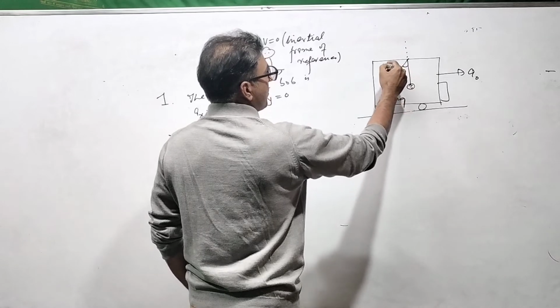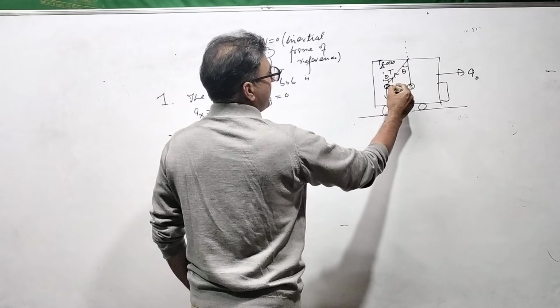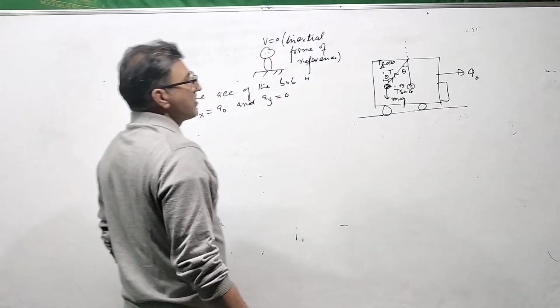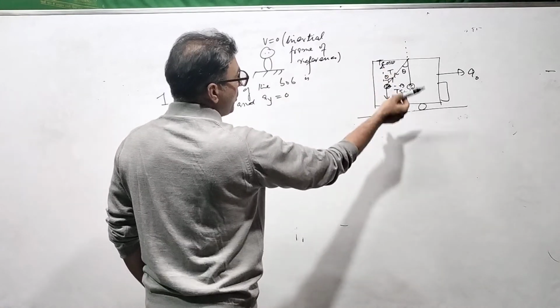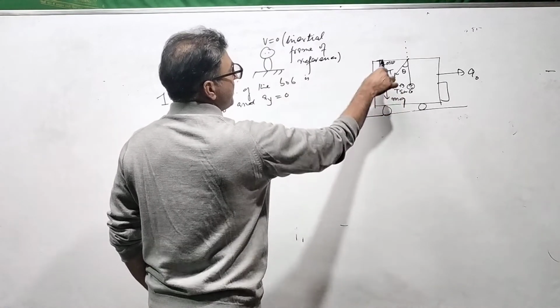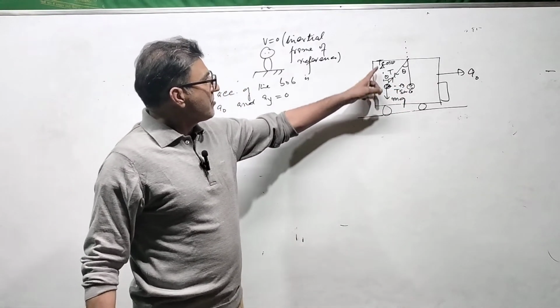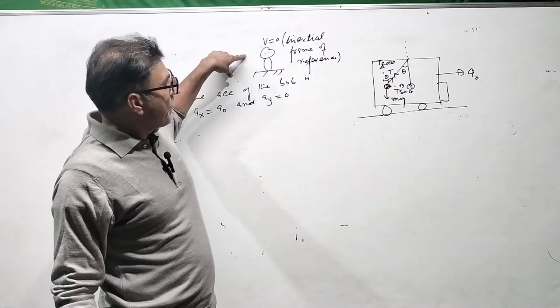Tension will get two components: T cos theta upward, and T sin theta. So there are three forces, mg, T sin theta and T cos theta. Or only two, mg and T, but T has been split into two components, so we have three pieces of forces for this person.